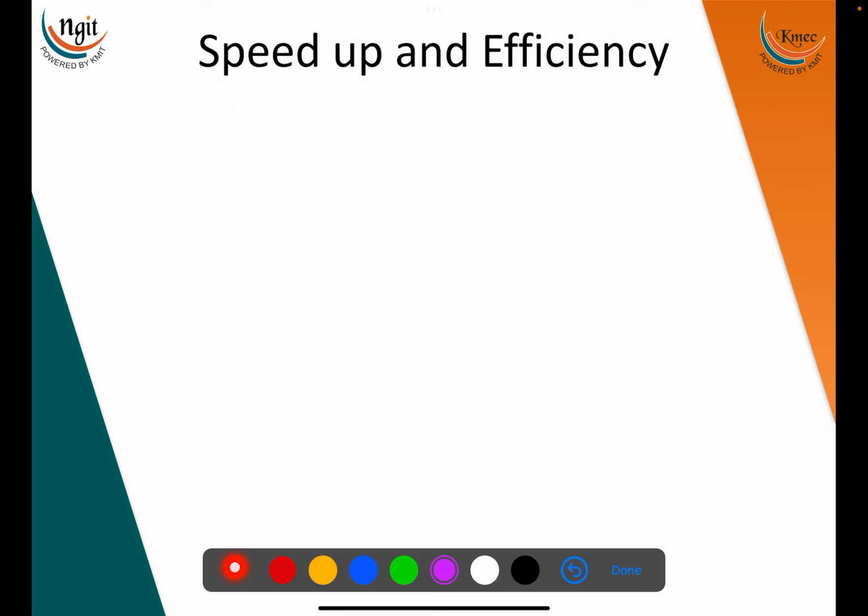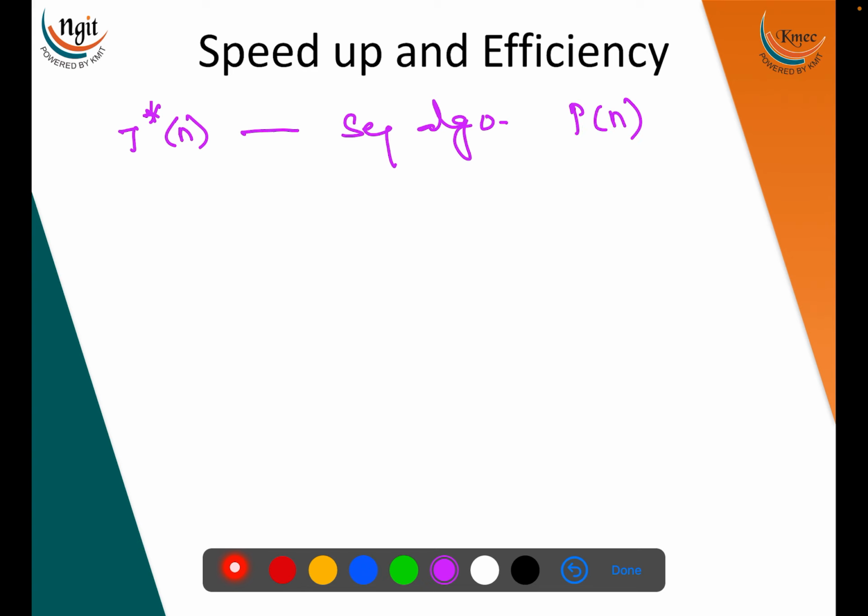Now, let's calculate the speed up and efficiency of the same algorithm. Let T star of n be the time complexity of a sequential algorithm to solve a problem P of input size n. And let Tp of n be the time complexity of a parallel algorithm to solve P on parallel computers with different processors.